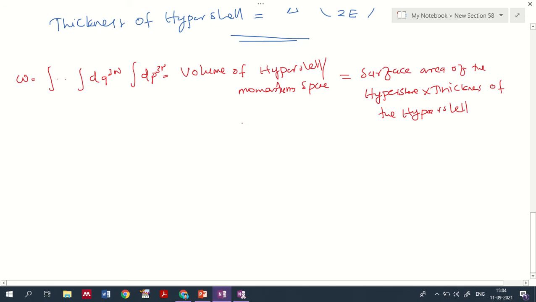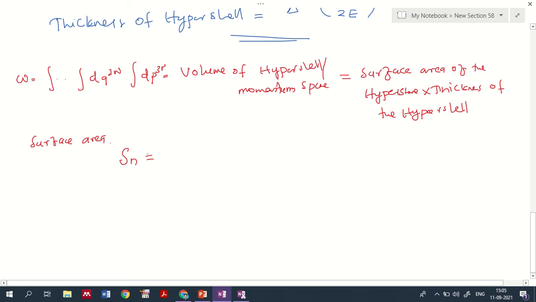In order to find the surface area of a hypershell, we have a general equation that we call Sn. So Sn is the surface area of a hypershell, where n is representing the degree of freedom associated with that.